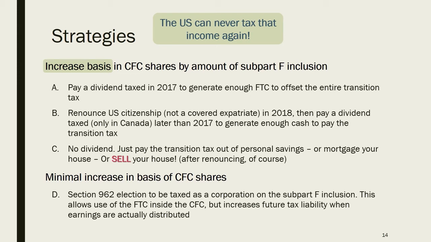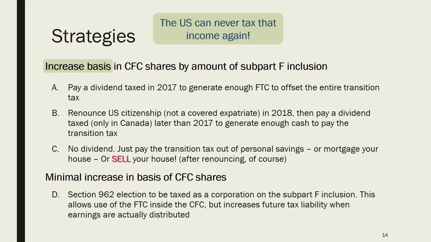So if we renounce our U.S. citizenship before we pay the dividend, then we don't have net investment income tax on that dividend. Okay, and we're going to generate only enough cash to pay the transition tax so that we're maximizing the deferral that we get in Canada by keeping the assets inside the corporation.